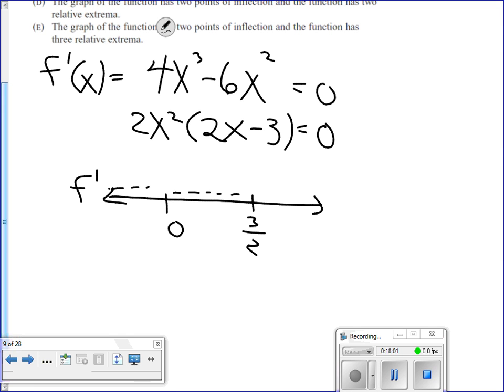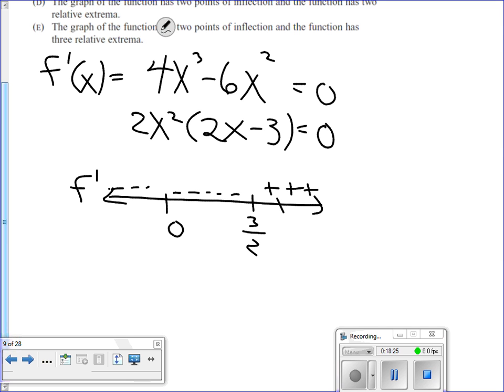Oh, we were right. No sign change at 0. We're psychic. Then you take a number greater than 3 halves, 2, I like that. Again, we only care about this factor because everything else is positive. And 2 times 2 minus 3 is positive. Okay, so we have 1 sign change, which means we have exactly 1 relative extreme.